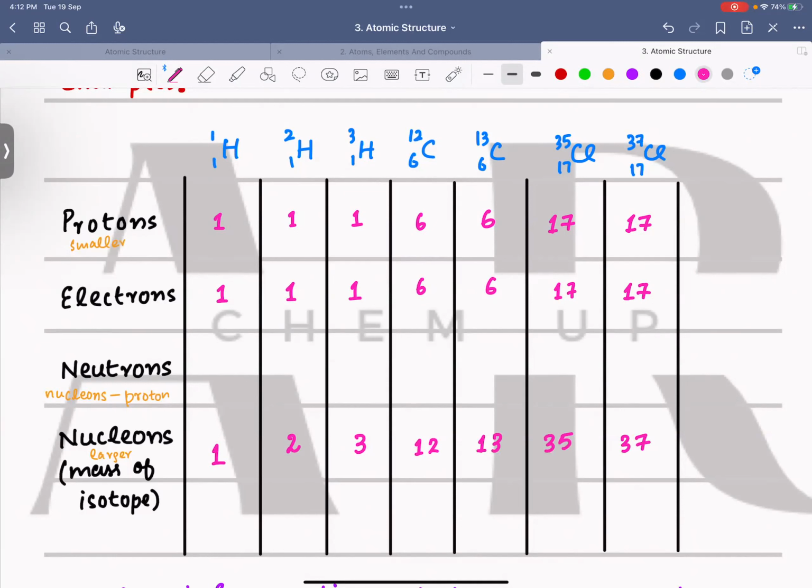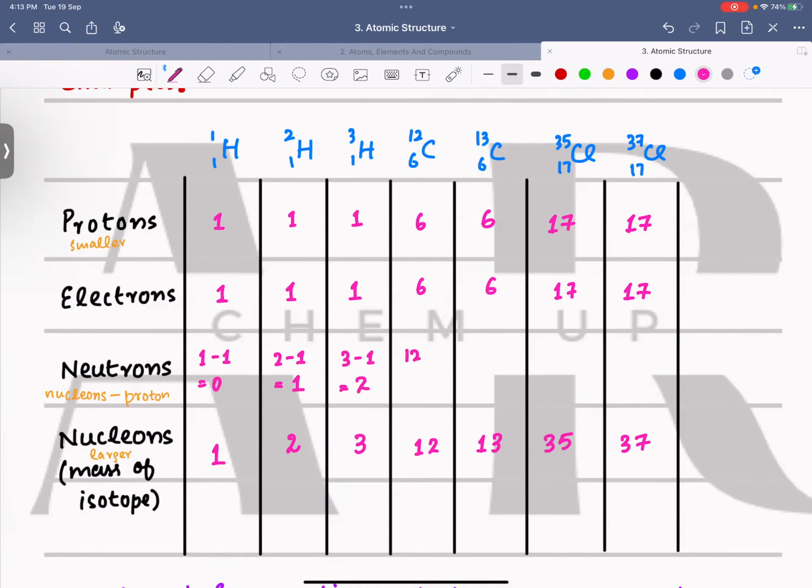Now, when we talk about neutrons, we have to subtract protons from nucleons, so nucleons are the bigger value. Here it is going to be 1 minus 1, which means 0. Here it is going to be 2 minus 1, gives me 1. 3 minus 1, 2.